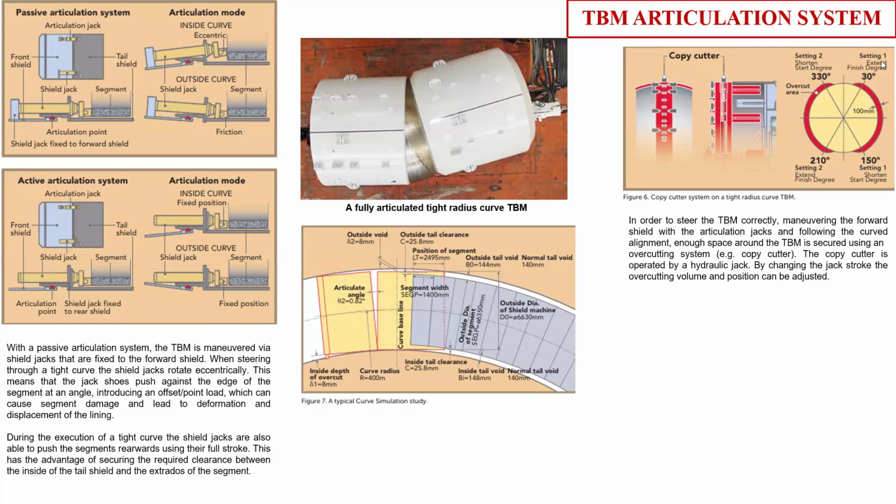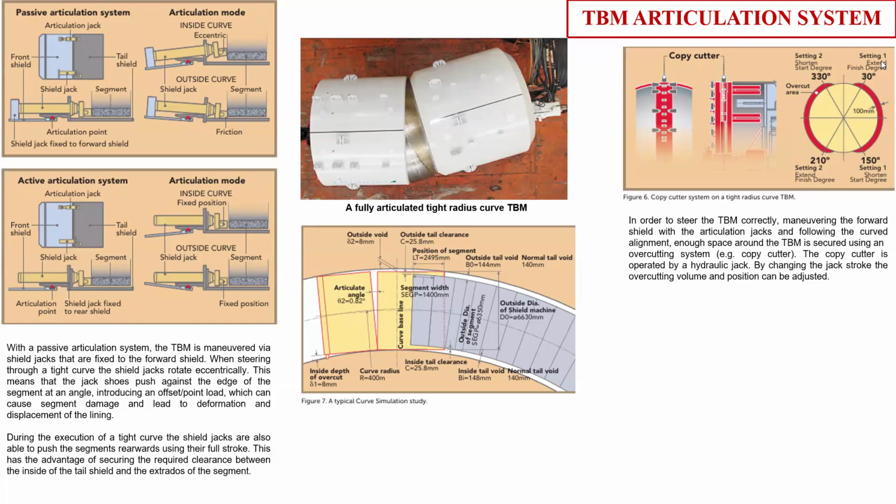You can see here, even in the curve, the shield and whatever segments you are installing are following the curve. But it cannot always happen. Sometimes the shield is moving, but the segments go out of the curve. In several scenarios, in a very tight curve situation, if the curve radius is very small, or if it is a very steep curve within a very short length, sometimes the shield has moved but the TBM segment gets stuck, or the tail end gets stuck, and the TBM is not able to move because of this tight curve.